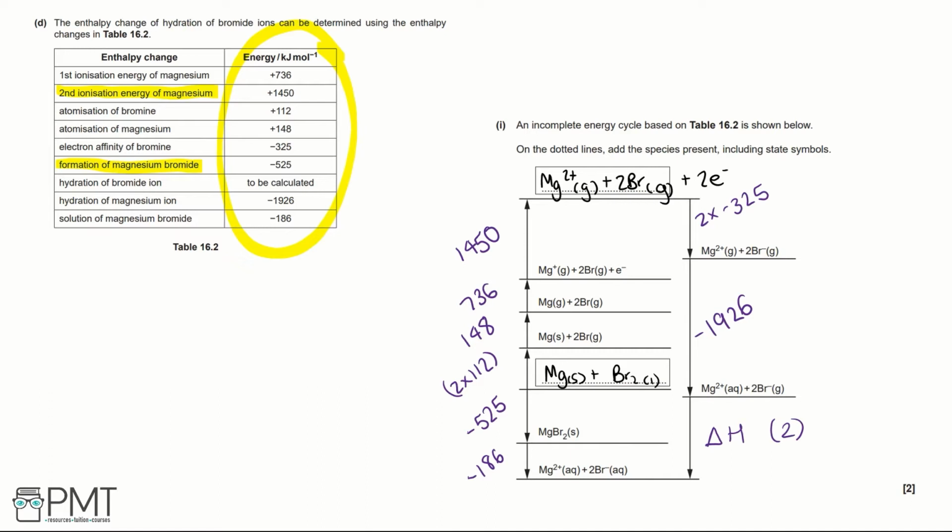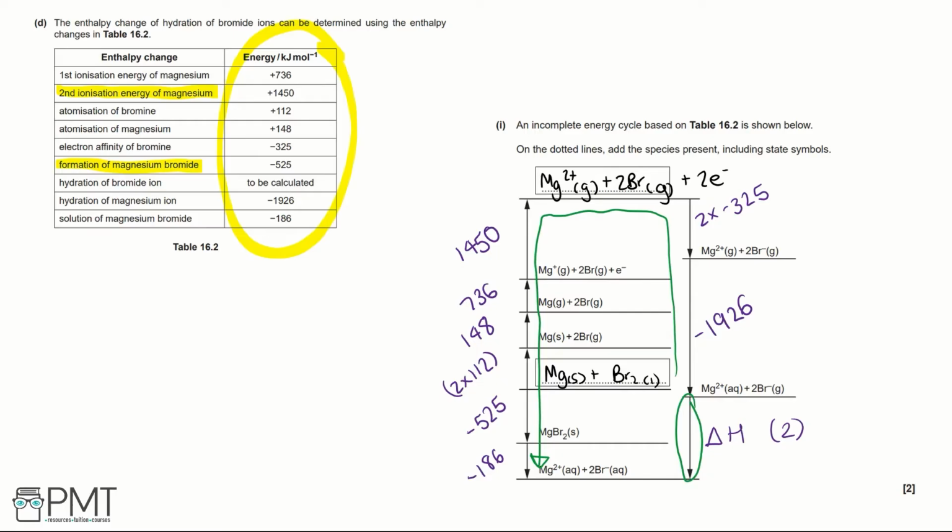So the next step we need to do is work our way around this energy cycle to get our number. So rather than doing this arrow, we're going to go a slightly longer way around the energy cycle, and wherever the arrow is going in the opposite direction, we flip the sign.